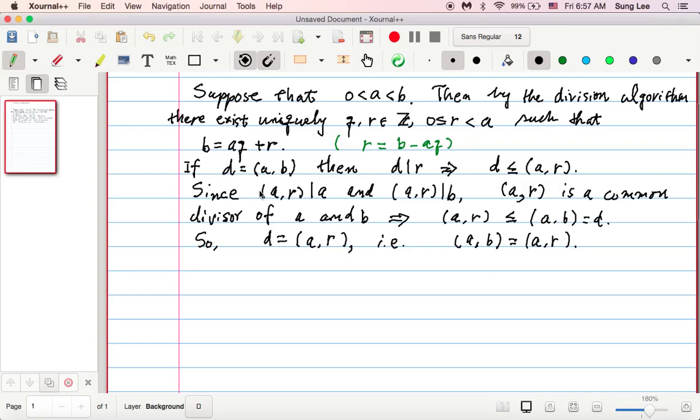Again, like I said, A and B is the original pair of integers that we want to find the greatest common divisor of.